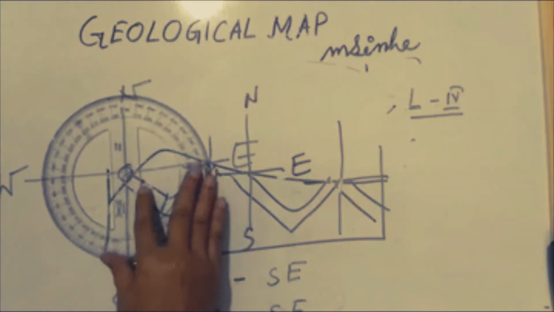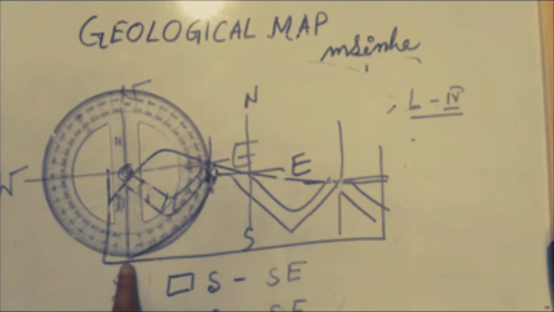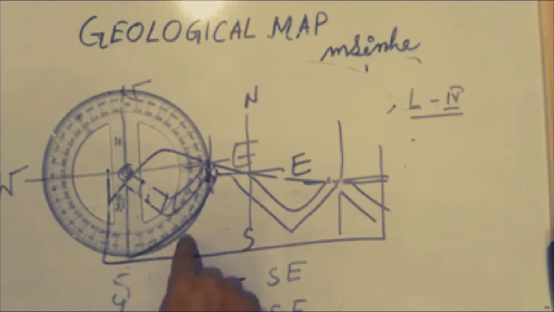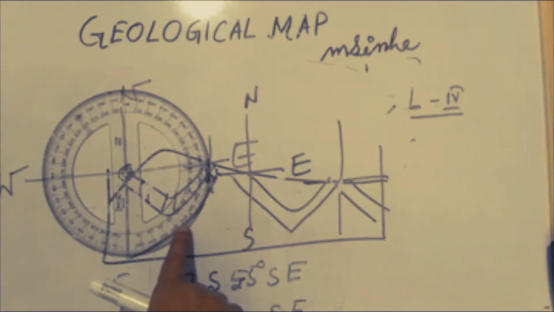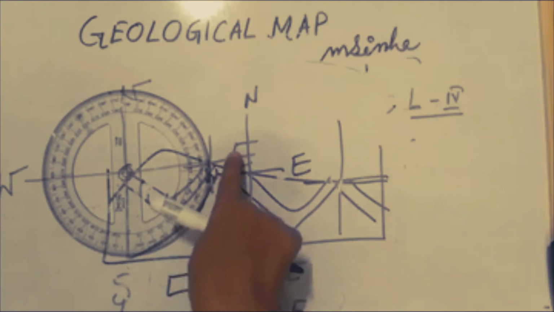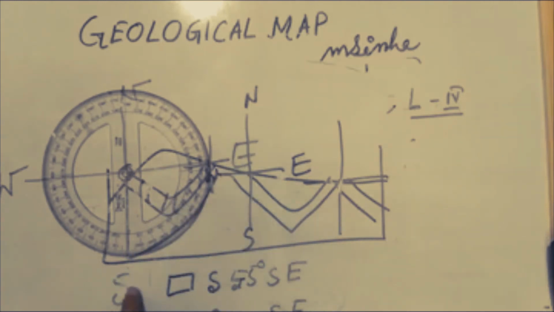You put a zero line in south. This is the angle, and measure 10, 20, 30, 40, 50, 55. So the angle is 55. You put 0 degree from the south and start measuring from the south.